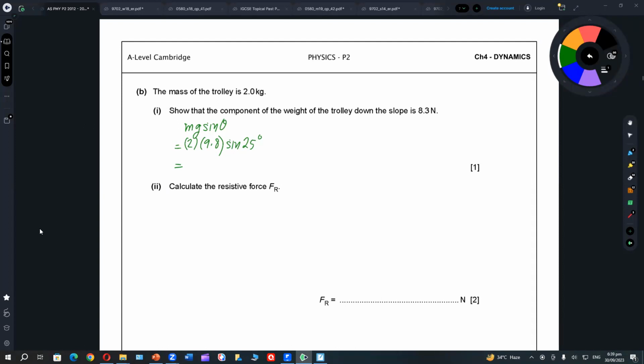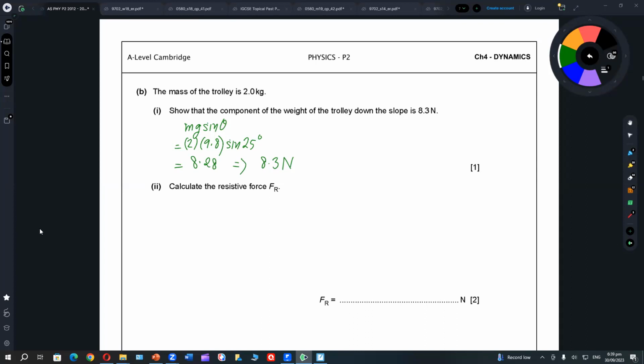So it's 8.28 Newton, but you have to convert it to two significant figures, so it's 8.3 Newton. Yes, sir.